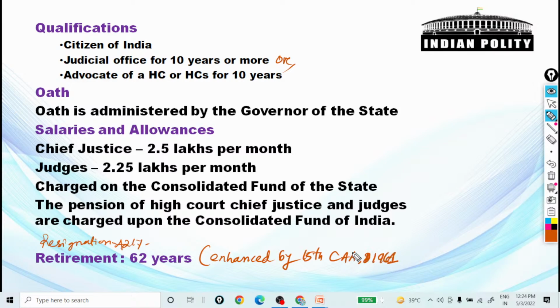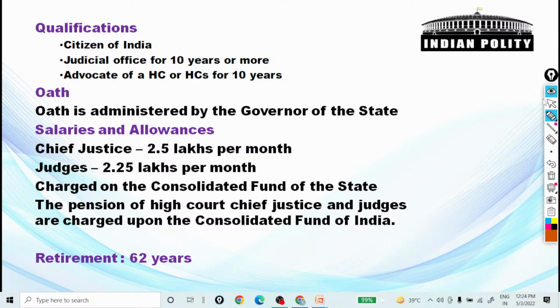So the retirement age of the High Court judges can be changed by a constitutional amendment enacted by Parliament. At present, the upper age limit of a judge stands at 62 years.